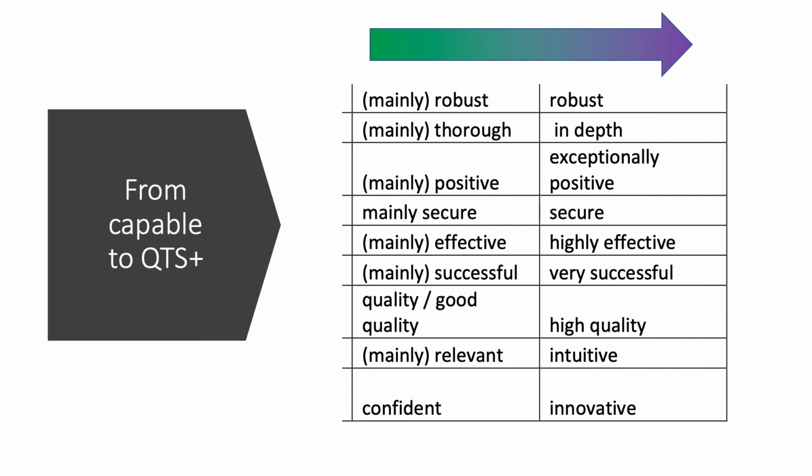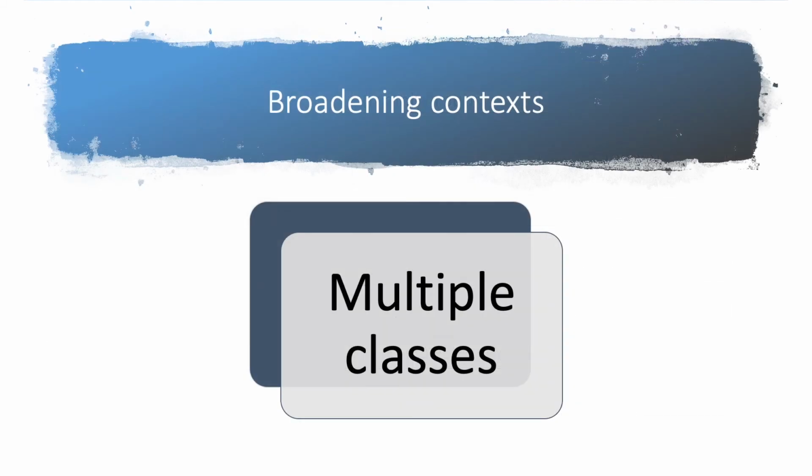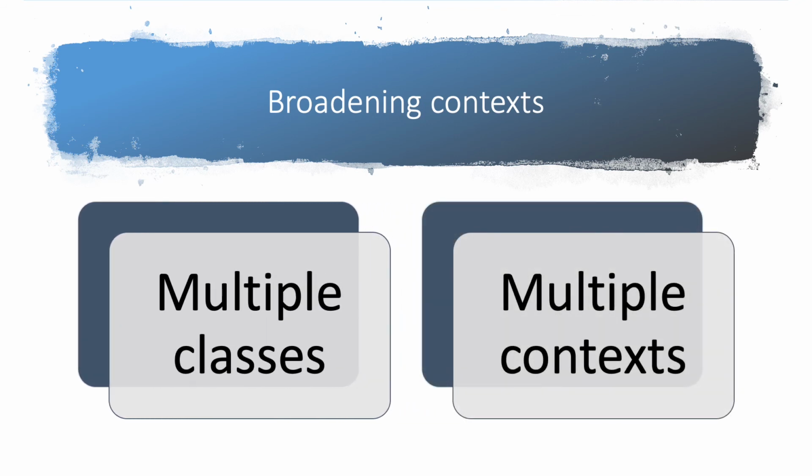So when we look to QTS+, we see words like firmly established, extensive, consistent, fully embedded, in-depth, high quality, and intuitive. So when we think about next steps in relation to P2 differentiation, we're looking at broadening the opportunities and experience of this student to utilise this effective practice in differentiation with multiple classes, with multiple pupils, in multiple contexts, perhaps looking at slightly more challenging content.